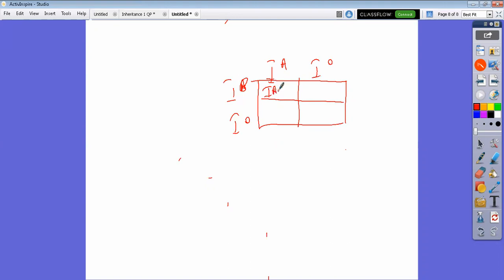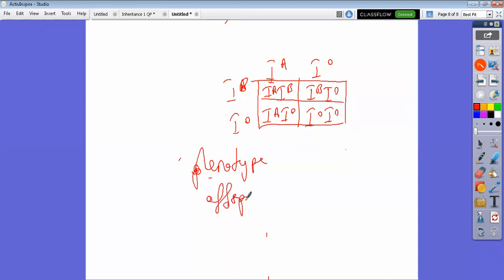I'm sure you can see that. There I'll have blood group B. There I'll have blood group A. Okay, you can do that. There I'll have blood group what? Or. So it means in terms of the phenotype, offspring, I have blood group.